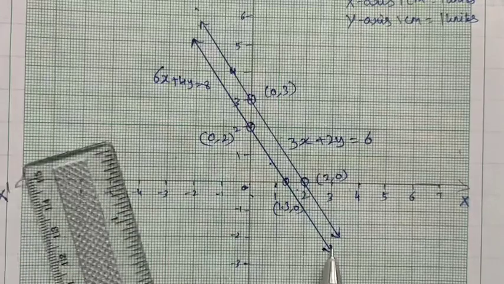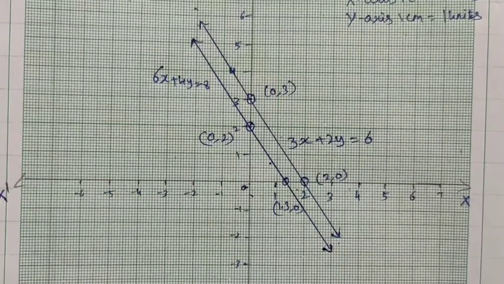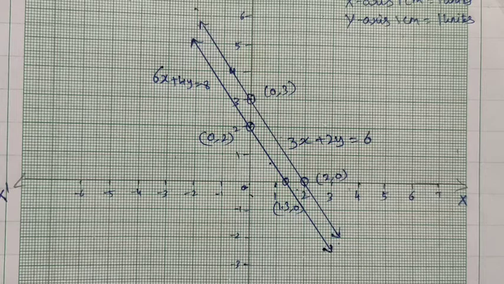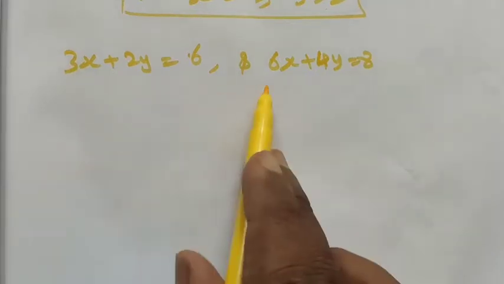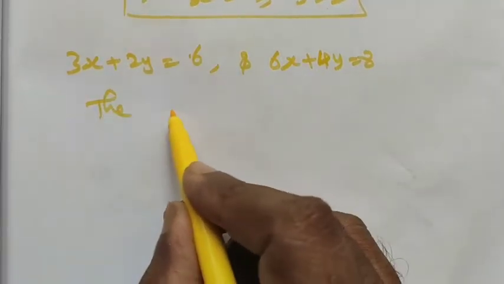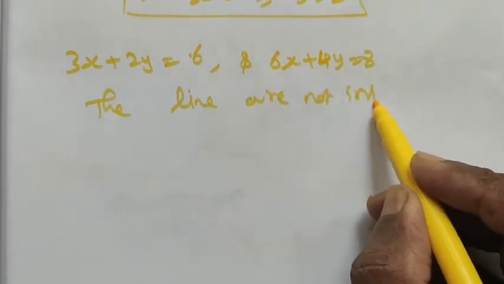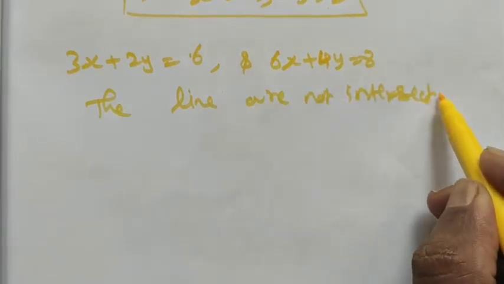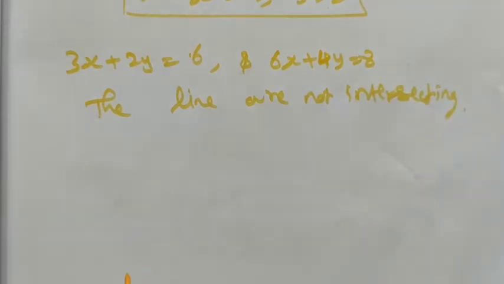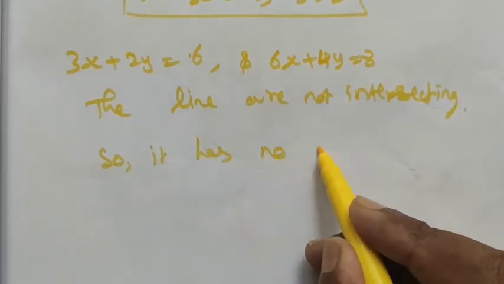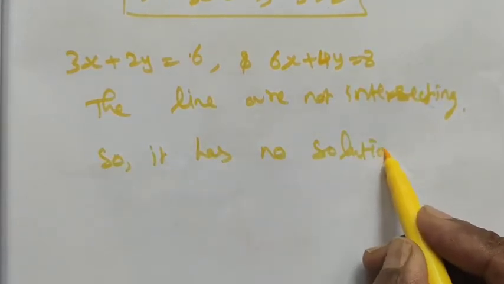By this, the two linear equations do not intersect; we get parallel lines, so it has no solution. The given two lines are not intersecting, so it has no solution.